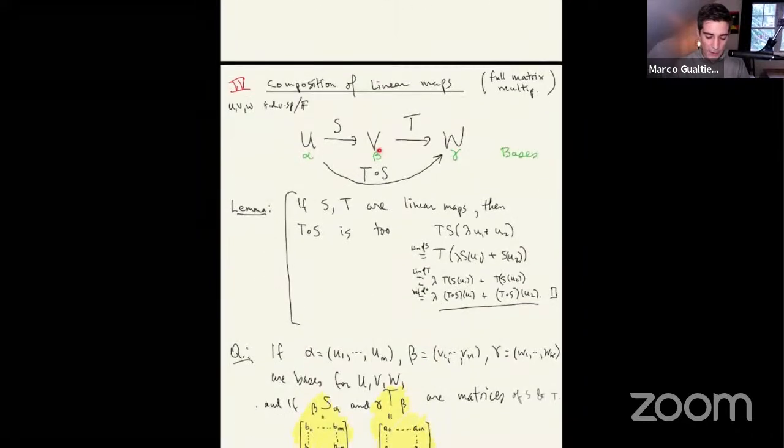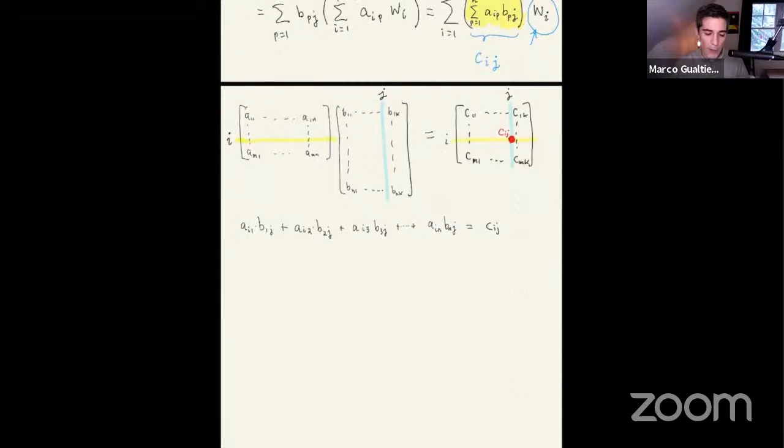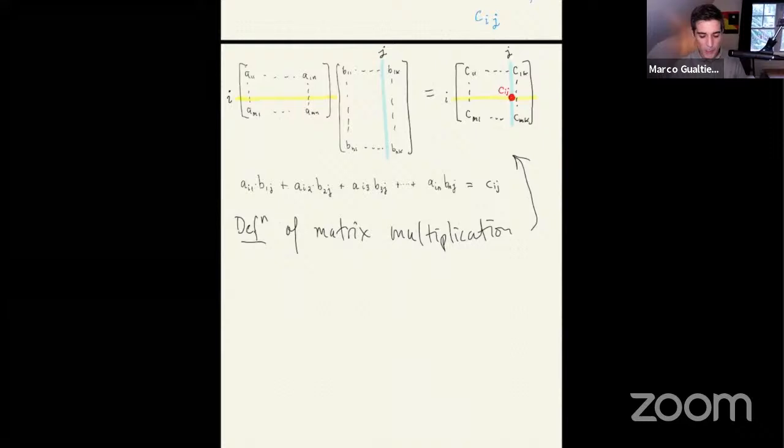The important thing here is that when I'm describing T and when I'm describing S, I'm using the same basis, beta. Then in order to figure out the composition, you do this operation, and this is the definition of matrix multiplication. This diagram exactly is the definition of matrix multiplication.